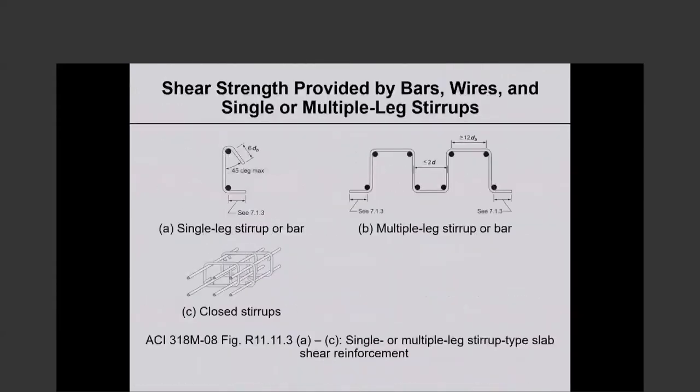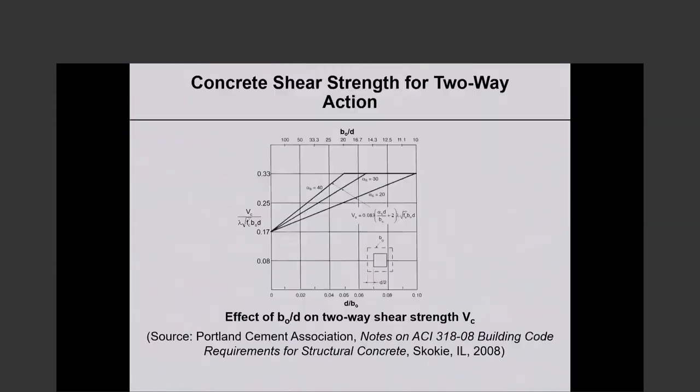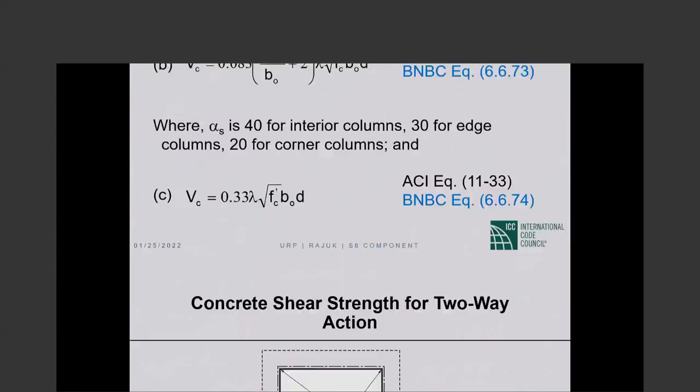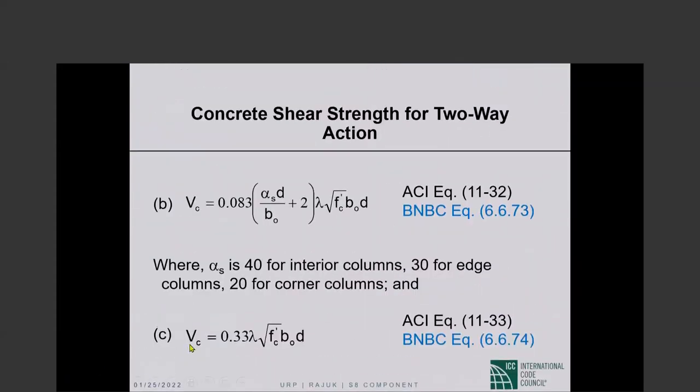The three expressions that you saw, you can never exceed 4 square root of F sub C prime. The other two expressions may give you a little bit less, but you are about 4 square root of F sub C prime. In your units, 0.33 square root of F sub C prime. That's what concrete is good for.